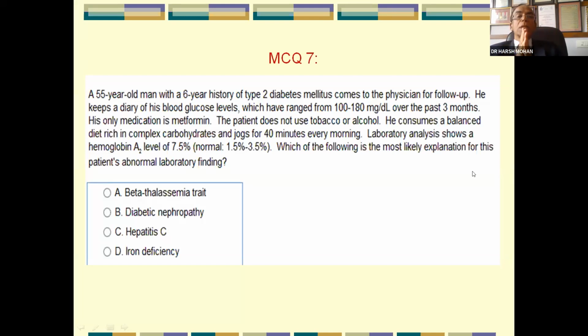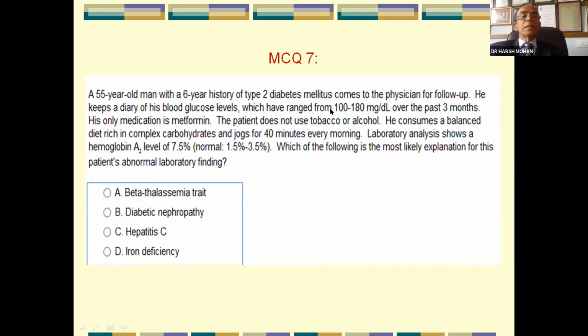Now, this question is a little complex and is analytical to assess the sharpness and focus of the learner. This is a 55-year-old male with a history of type 2 diabetes mellitus for a sufficient duration, 6 years.